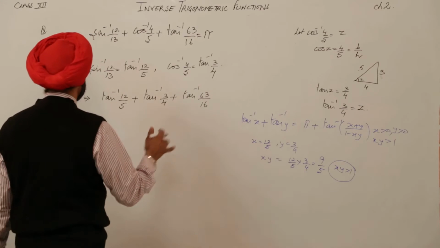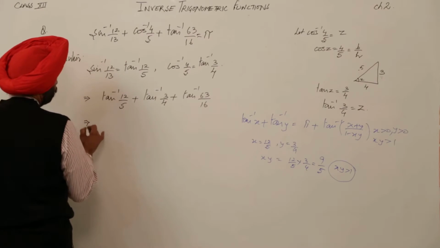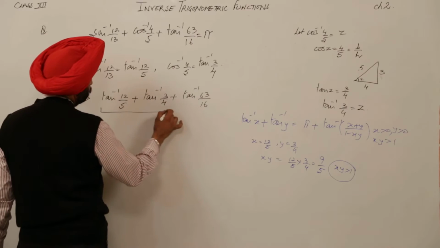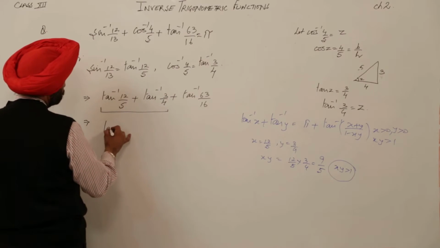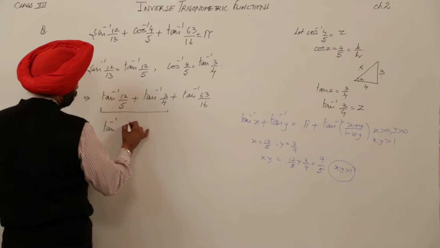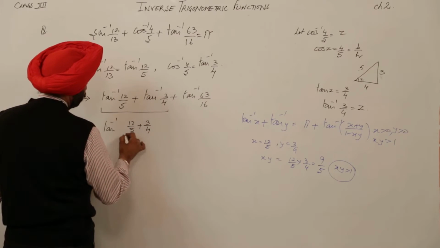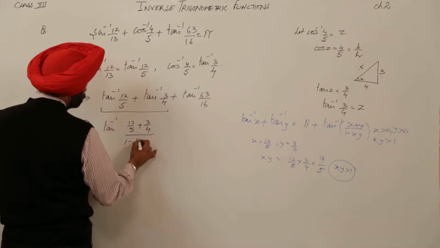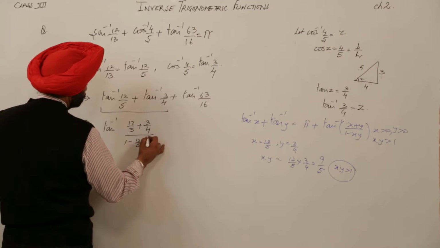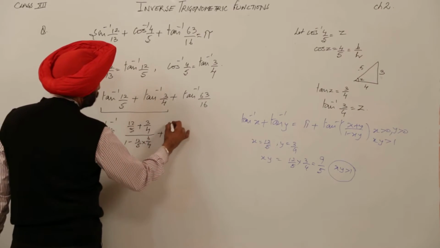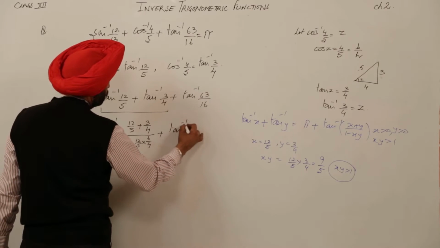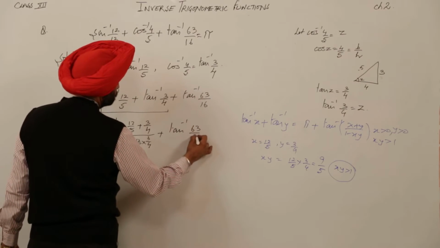So this was the second part for it. Now for this part, what to write? Tan inverse 12 by 5 plus 3 by 4 upon 1 minus 12 by 5 times 3 by 4 plus tan inverse 63 by 16.